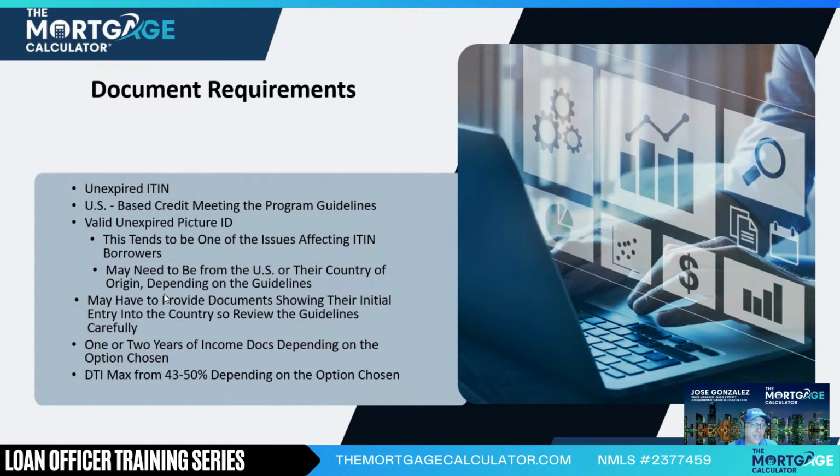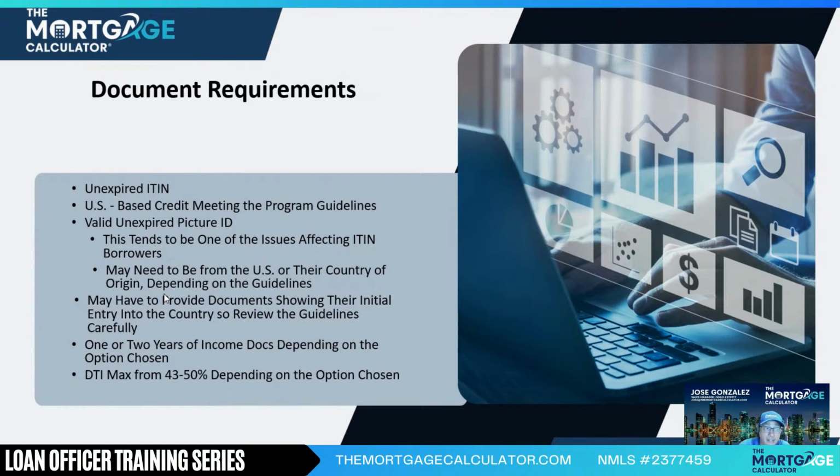Now, depending on the guidelines of the loan, it may be from the U.S. or it may be from their country of origin, like their passport, if they happen to have an unexpired passport still. The whole idea here is verifying their identification.